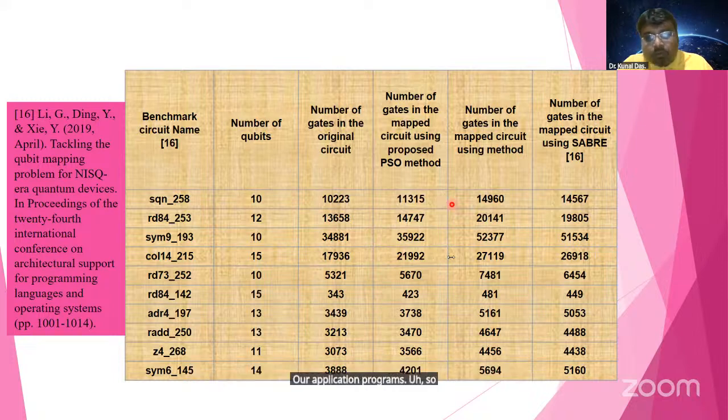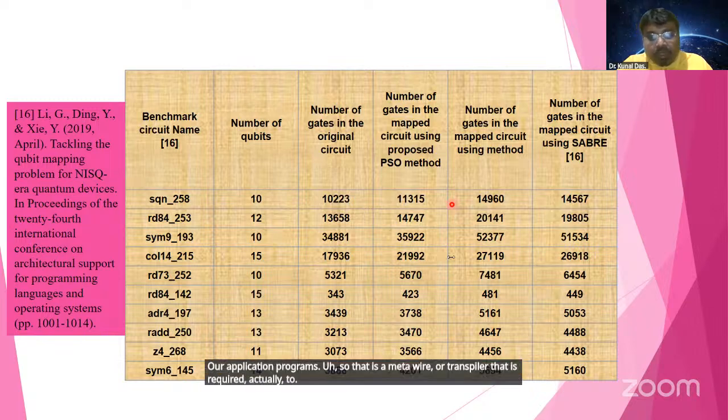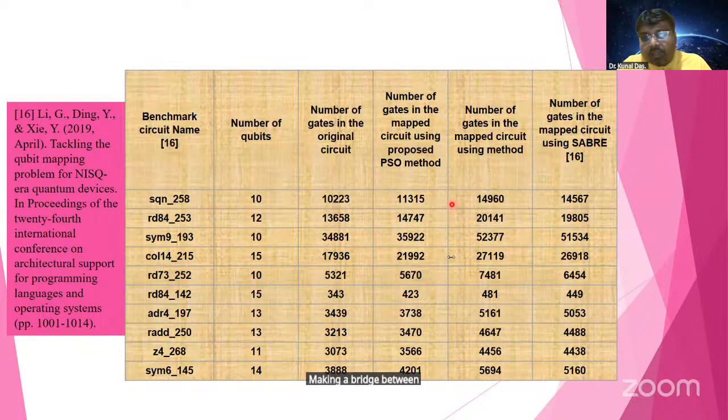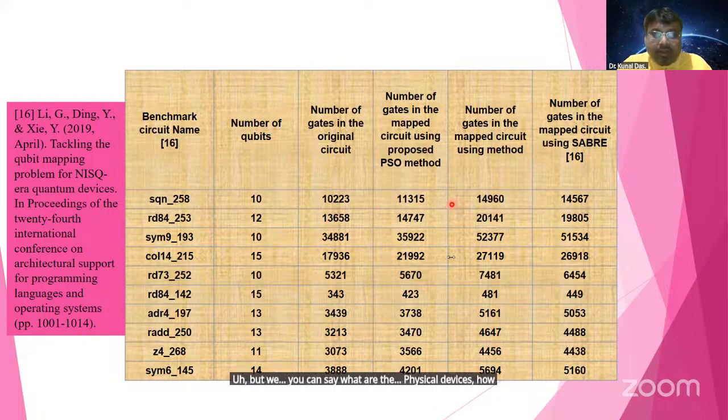So that middleware or transpiler is required to make a bridge between the application program and the hardware you have developed. That middleware we are thinking of and working on. But how you create the physical devices is your domain, not our domain.